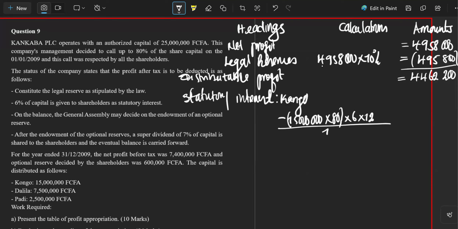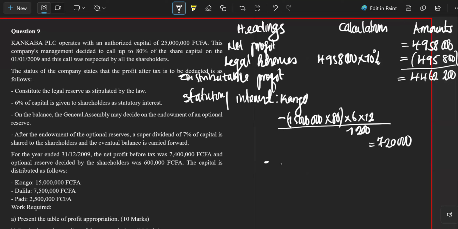You can convert the 80% into 0.8. When we do our calculation, we have an amount of 720,000 francs.